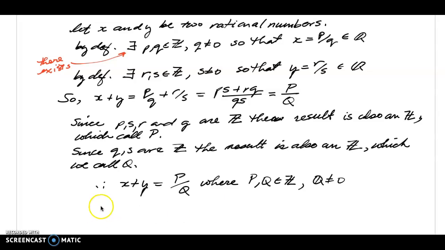And that's it. Therefore, by definition, x plus y is a rational number.